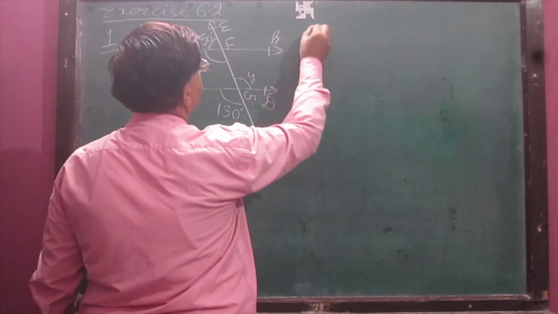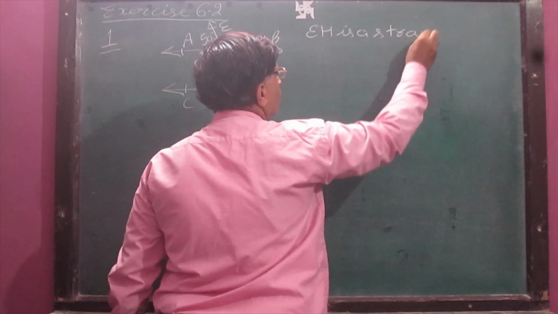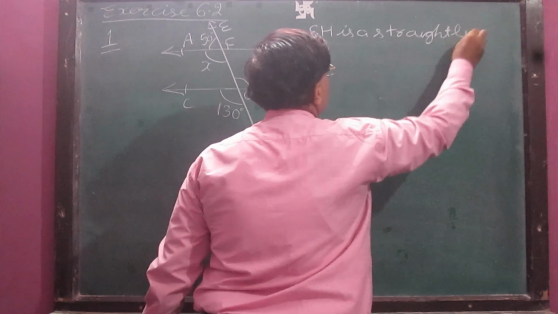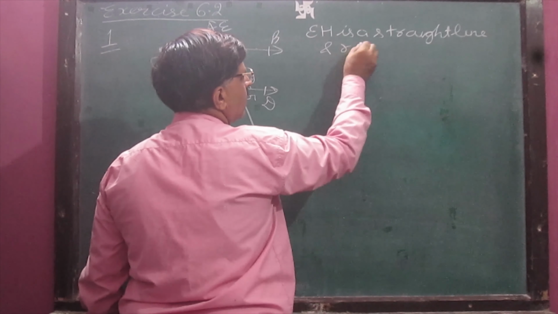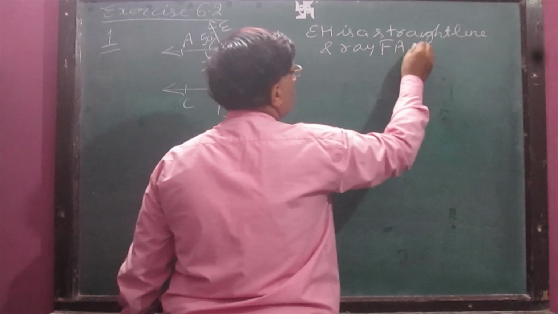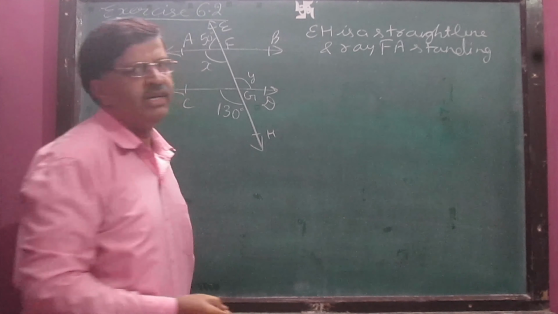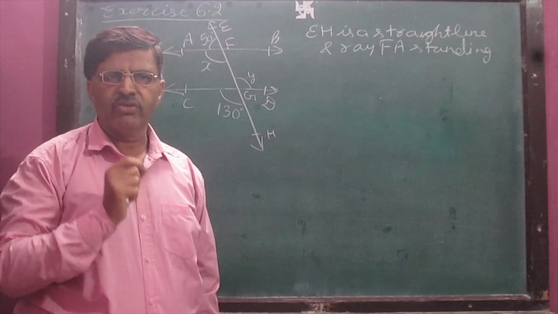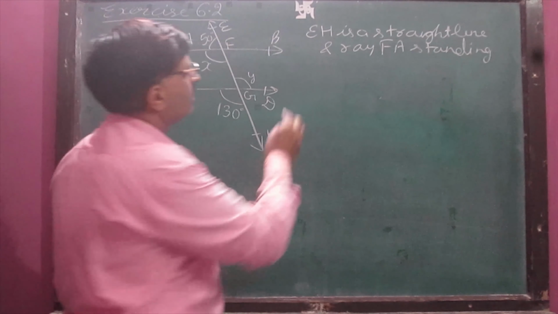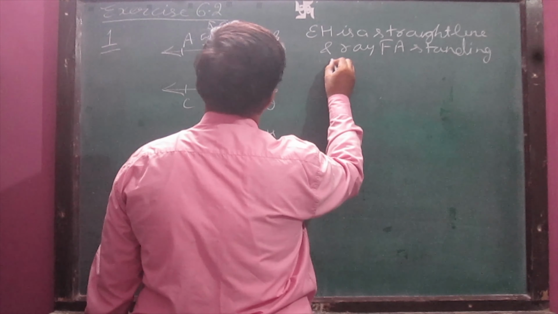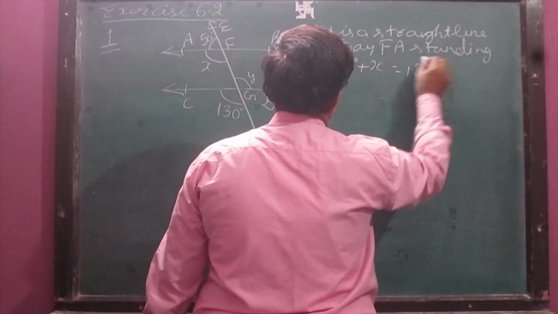First of all, write EH is a straight line, and ray FE standing on it. Keep in mind, whenever you are to use the linear pair property, you must write the related side and ray or line segment standing on it. So angle 50 degree plus X will be equal to 180 degree.